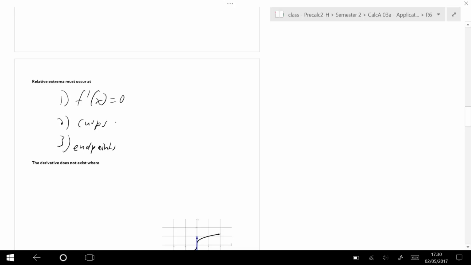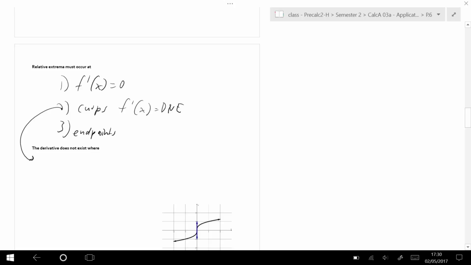Cusps are basically where f prime of x does not exist. And this points to the idea that the derivative does not exist in different kinds of places. One of them are these cusps. Other places where the derivative does not exist, but you wouldn't have a max or min value, are places where the function is not defined.